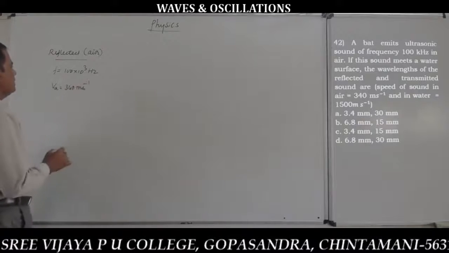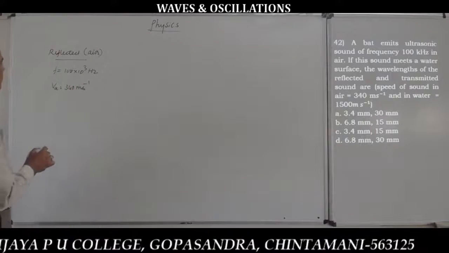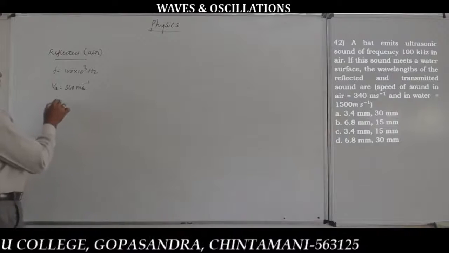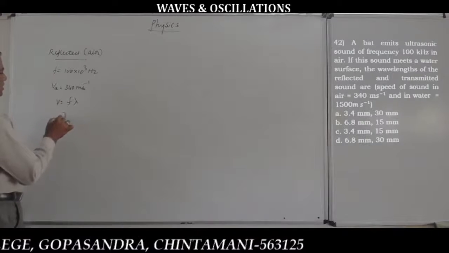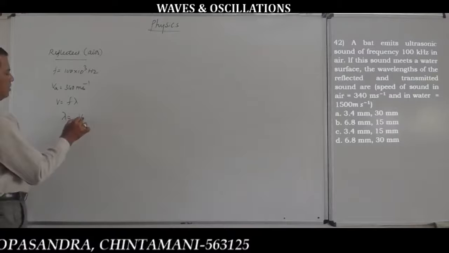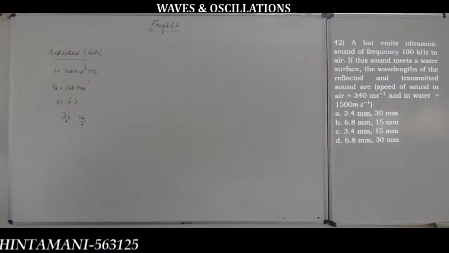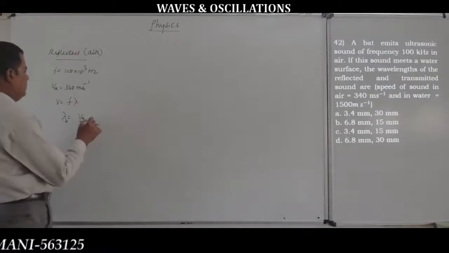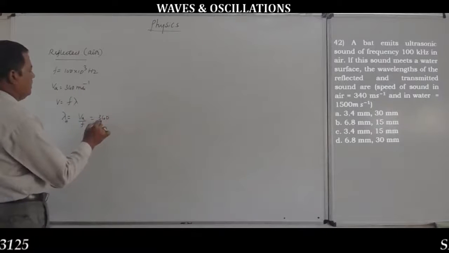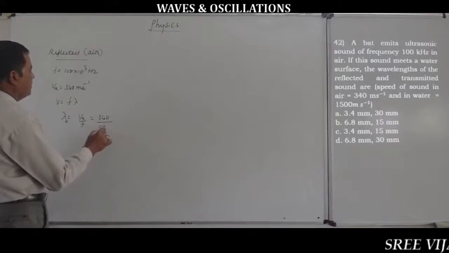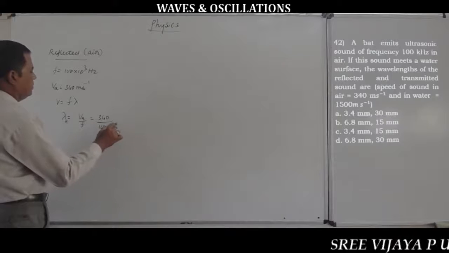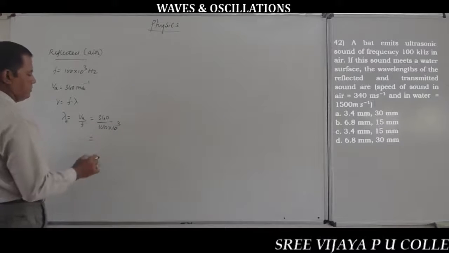So here you can find its wavelength by applying V is equal to F lambda. Lambda is equal to, this is in air medium, that is the wavelength of the reflected sound. 340 divided by 100 into 10 power 3.